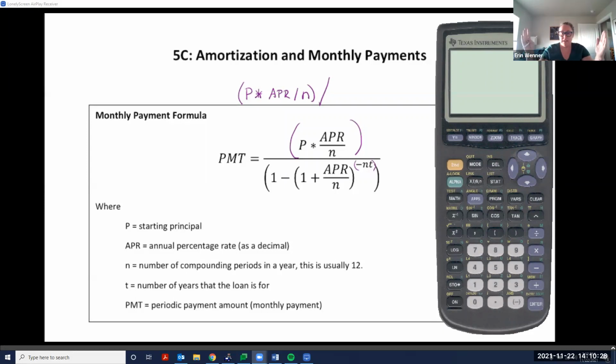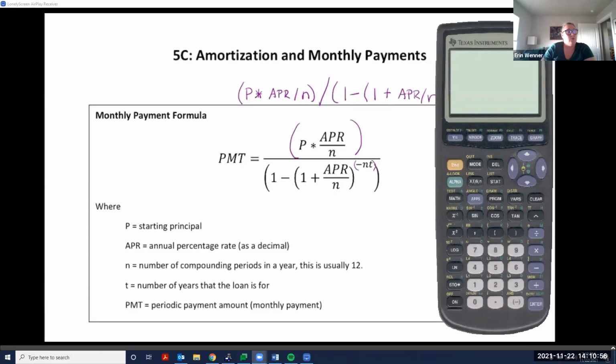I'm putting it linearly like this because this is how you would put it into the graphing calculator. And then we're going to do a parenthesis 1 minus 1 plus APR divided by N, and parenthesis, caret key, and then negative N times T, and parenthesis, end parenthesis.